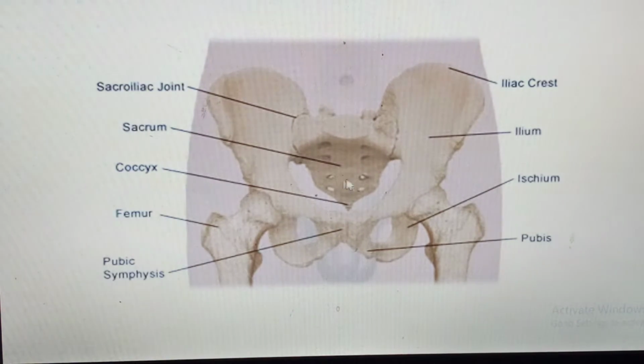And deep to it, inside, we have what we call the lesser pelvis. The greater pelvis can also be called the false pelvis, and the lesser pelvis can also be called the true pelvis, because that is where the true pelvic organs, the genitourinary structures, will be. So that is what I want you to know.